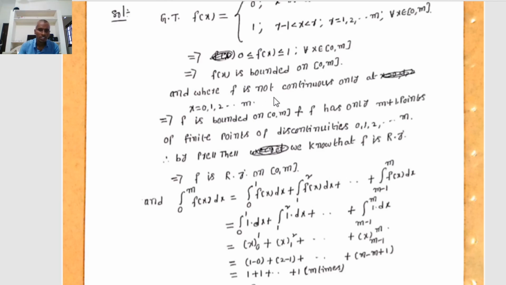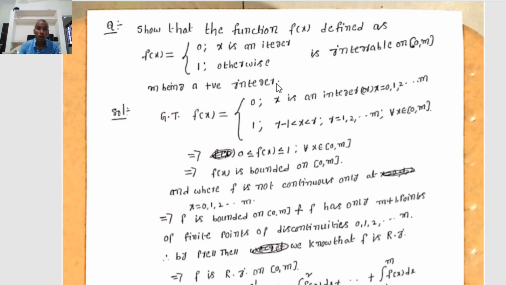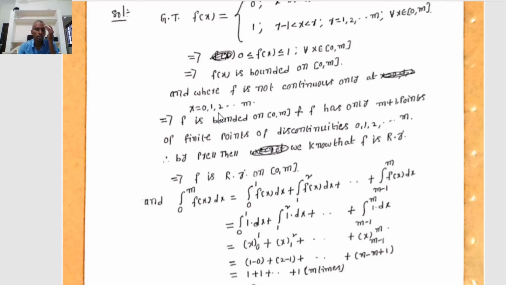That is, f(x) is continuous for all x belonging to R minus Z. That is, f(x) is continuous on every real number except integers, for example 0.1, 0.2, 0.3, 1.1, 1.2, 1.3, 2.9, 3.4. The function f(x) is continuous there. f(x) is not continuous at integers. It is continuous for all x belonging to R minus Z.